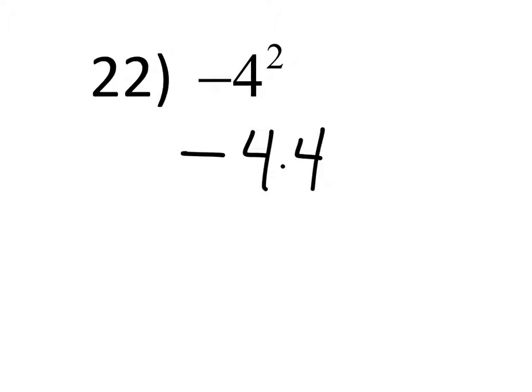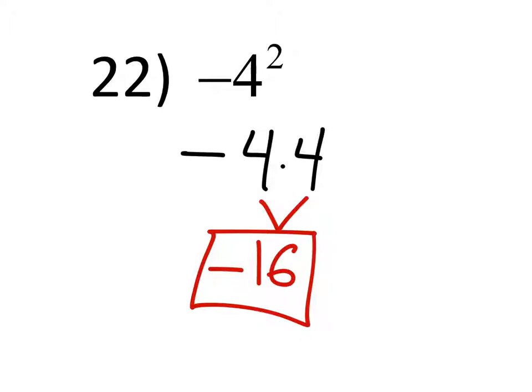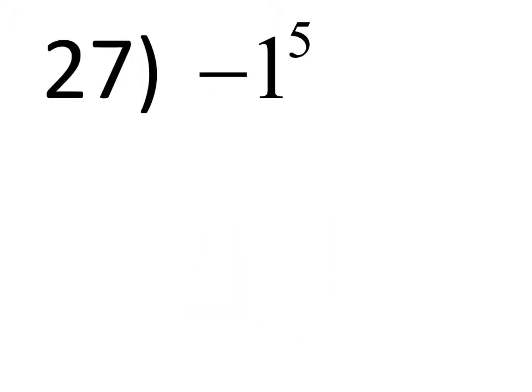So 4 times 4 is 16, and the opposite of that is negative 16. So again, since we got that negative in front, it's telling us that our answer is going to be a negative, because there's no parentheses there.